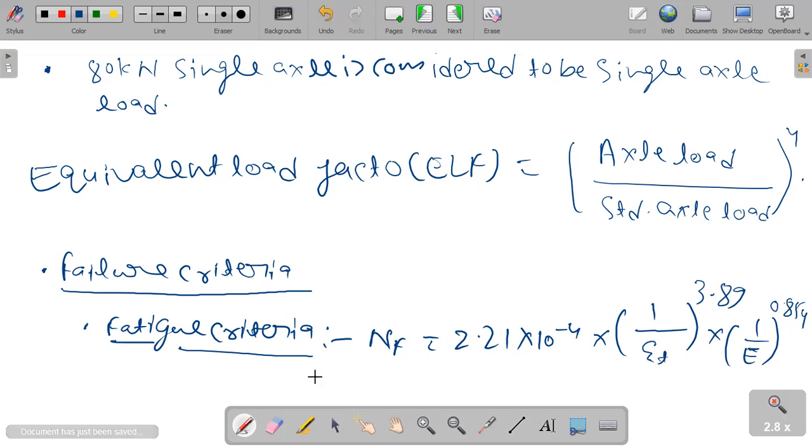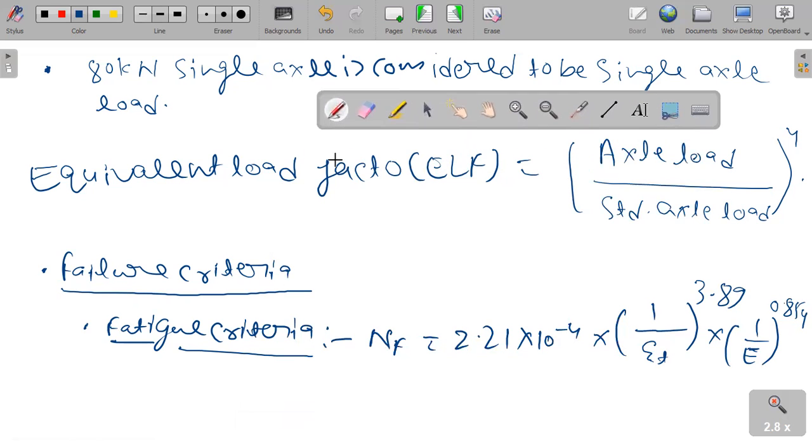Here NF is the number of cumulative standard axles to produce 20% cracked surface area.